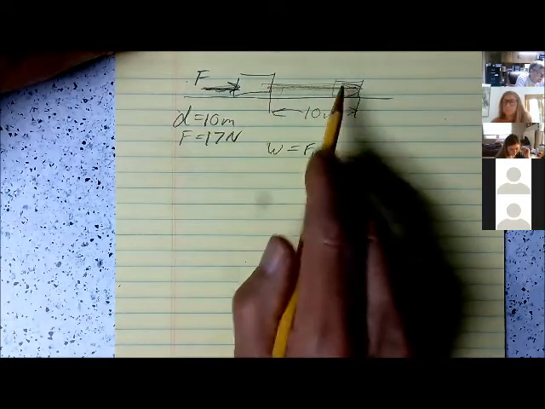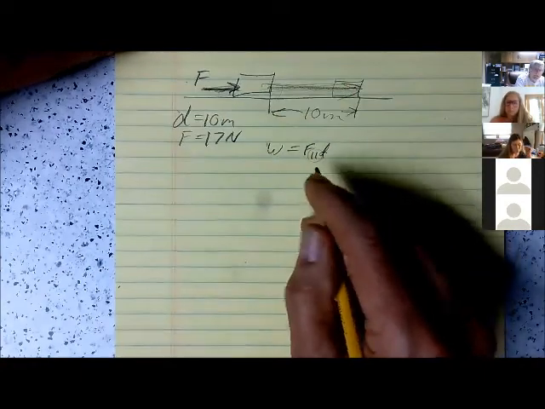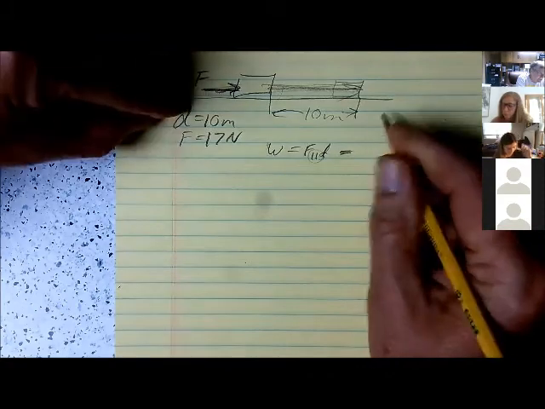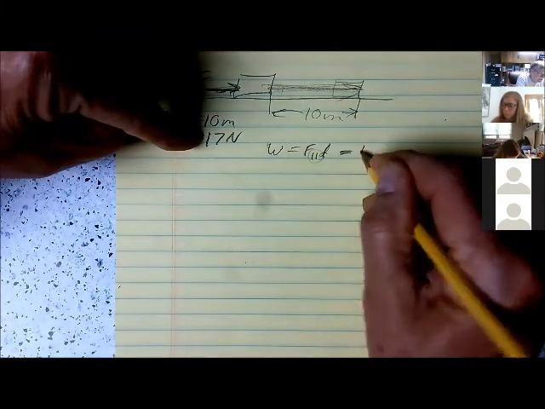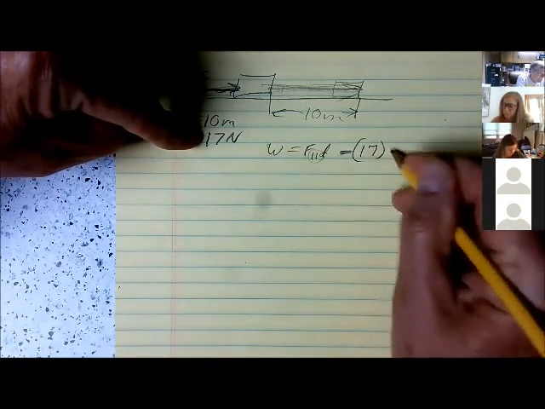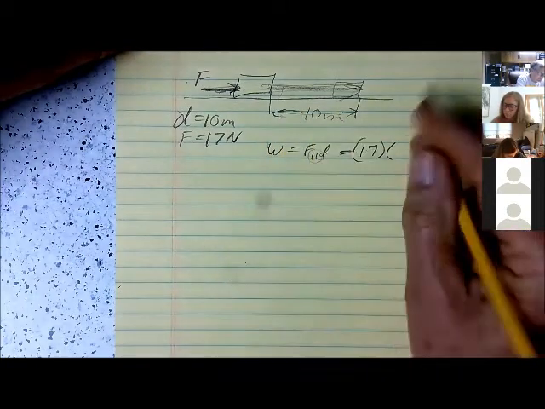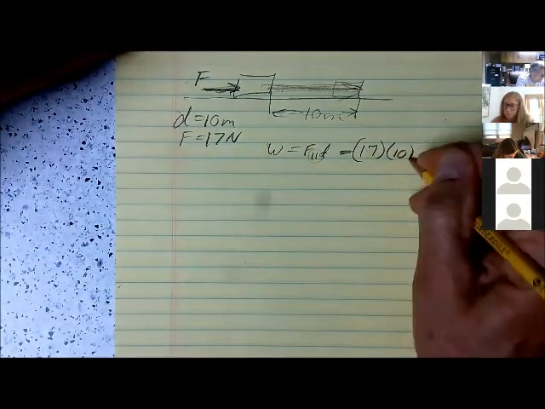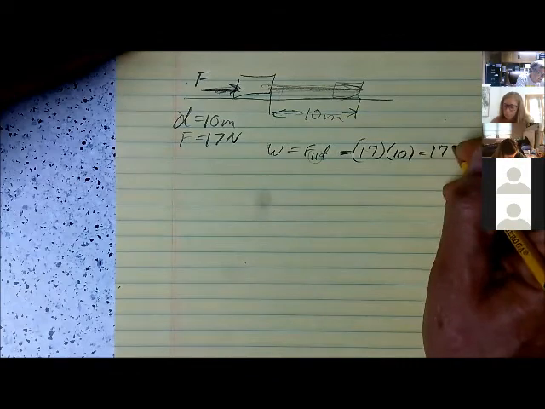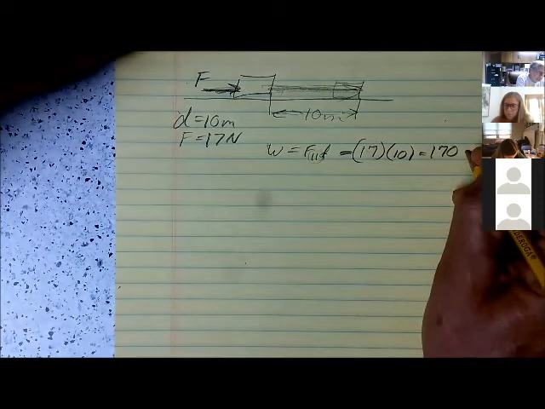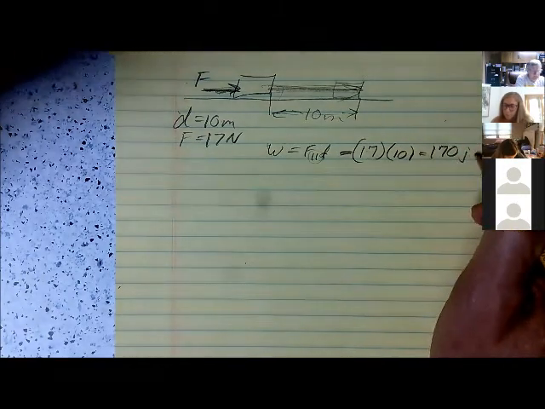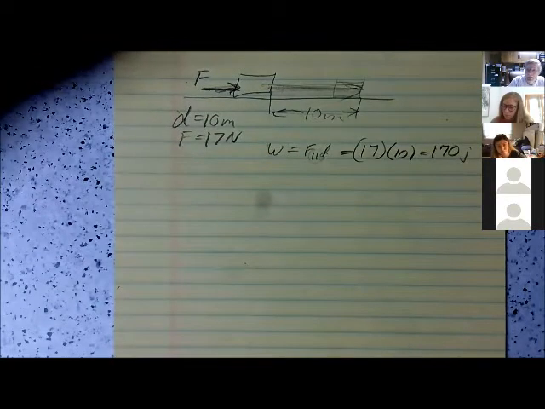They're in the same direction, so we don't have to worry about any components. So I can just use the full force, which was 17 newtons, and multiply it by the total distance, which was 10 meters. And I get 170 newton meters or joules, but again, you didn't have to put in the unit.